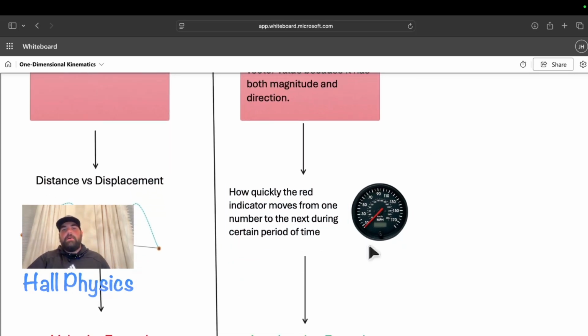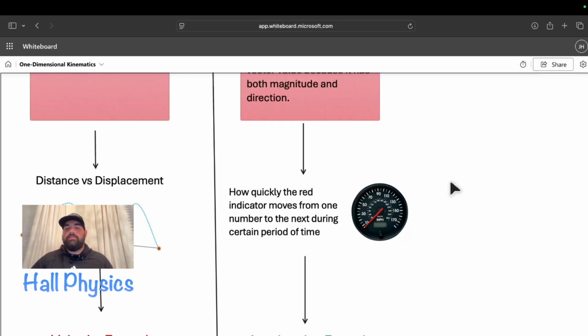So acceleration would be how quickly the red indicator moves from one number to the next, okay? How quickly does that red indicator go around the speedometer during a certain period of time, okay? So it is a change in velocity.